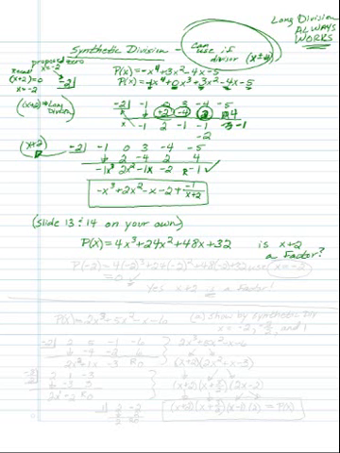So again, we're going to use our previous two theorems. So we need to plug in the 0 that would go with x plus 2. So remember the opposite of x plus 2. The number that I would get when setting x plus 2 equal to 0 is x equals negative 2. So we're going to use x equals negative 2. So here we'll say p of negative 2 is equal to 4 times negative 2 cubed plus 24 times negative 2 squared plus 48 times negative 2 plus 32.